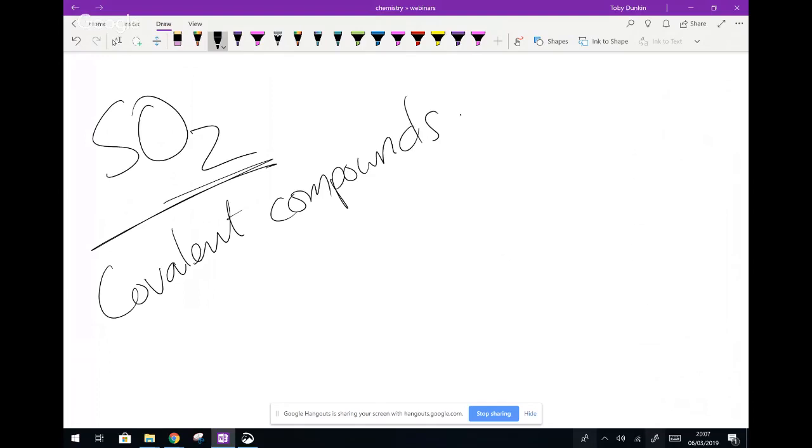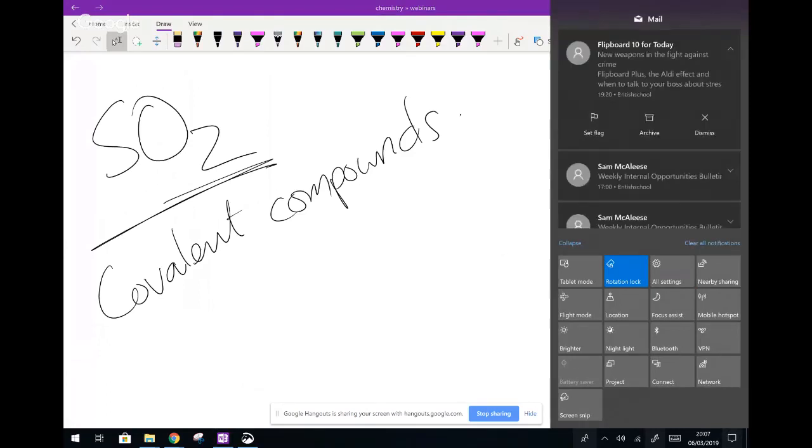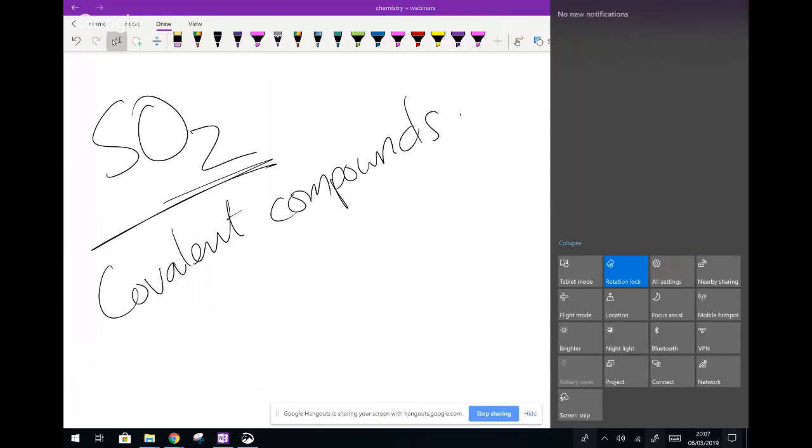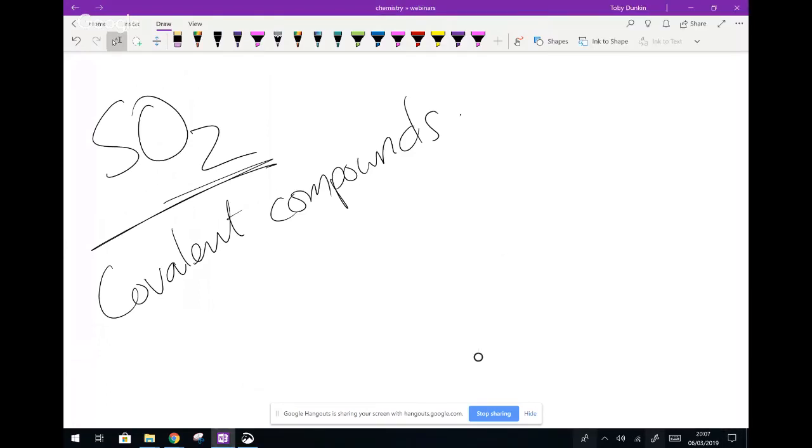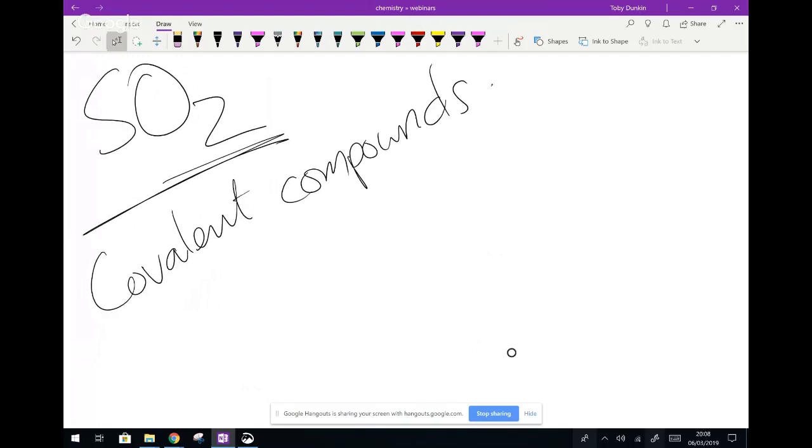Rather than being ionic, rather than being acidic, I've lost my flow now. Oh, it's cut me off again. It really is struggling with this. Don't know why. I feel like I want to try stopping my MacBook. I'm going to have to get rid of my chat. Well, we'll leave it like this and see if I can bring it back.